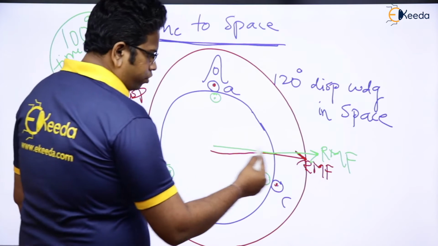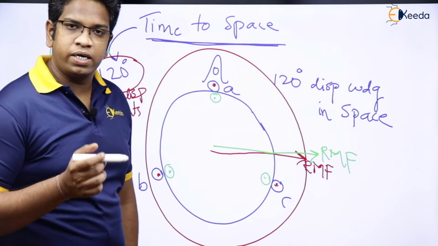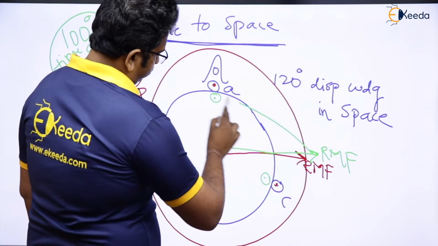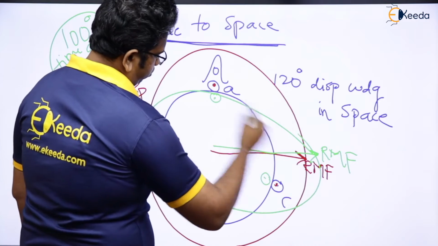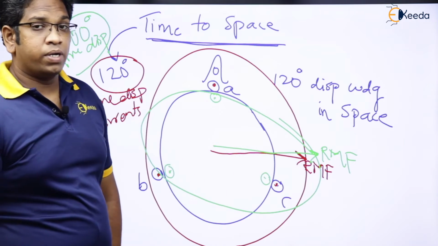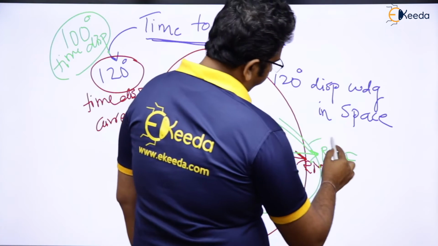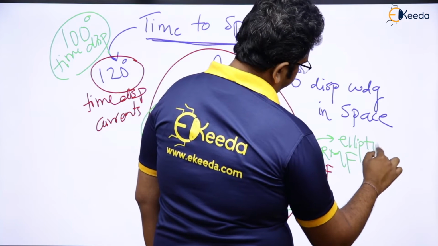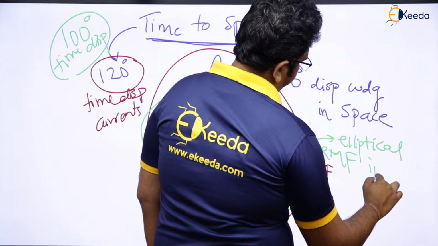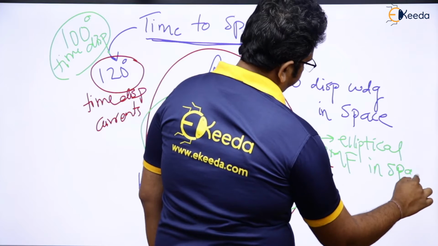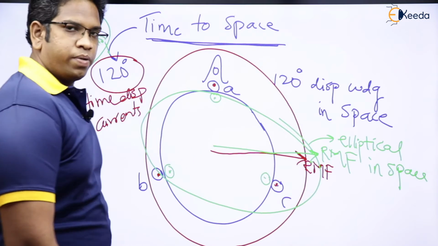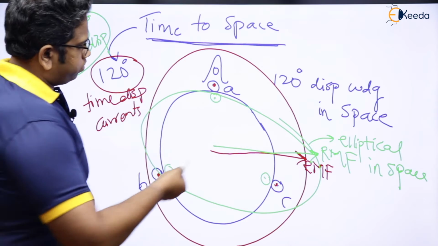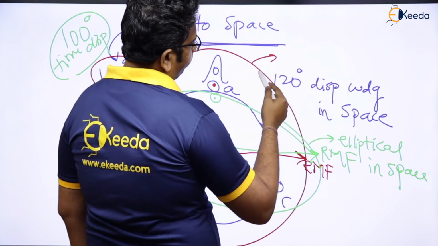This RMF, this particular green, which is produced because of 100 degrees time displaced currents, is going to be elliptical in space. Whereas this previous one, this red, is going to be circular.